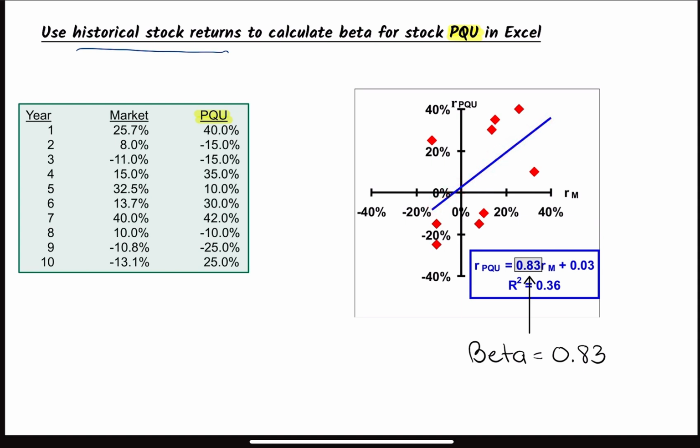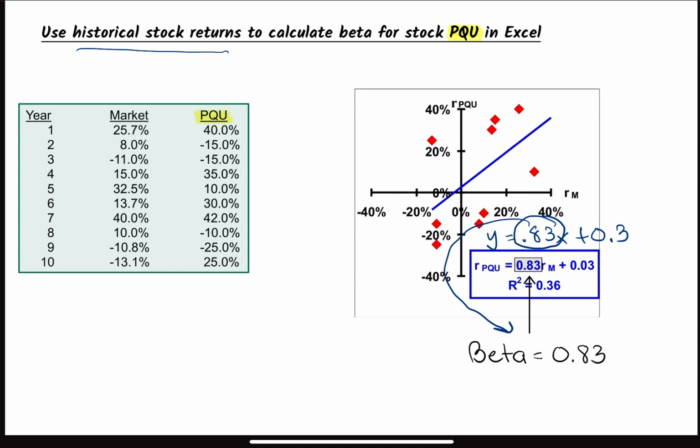If you were to plug this into Excel and run a regression, you would get this equation. So you would think of this as y equals 0.83x plus 0.3. If we were looking at it as y equals mx plus b, this right here is the slope, so this is your beta.